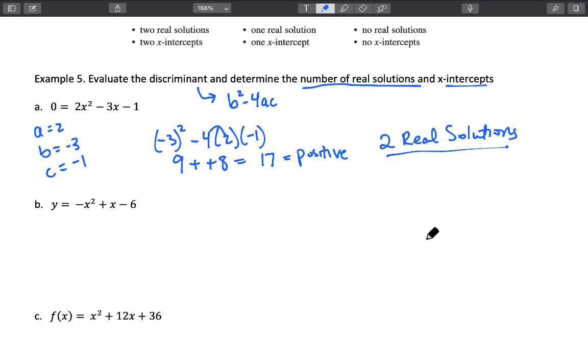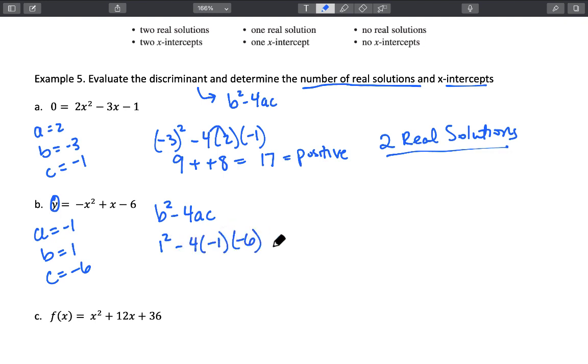All right, moving on to the next one here in letter B. We see that we once again have our quadratic equation set up in standard form, and if we set it equal to 0, we can let our a value be -1, our b value is +1, and our c value is -6. Evaluating the discriminant, b squared minus 4ac, will give us 1 squared minus 4 times a -1 times a -6.